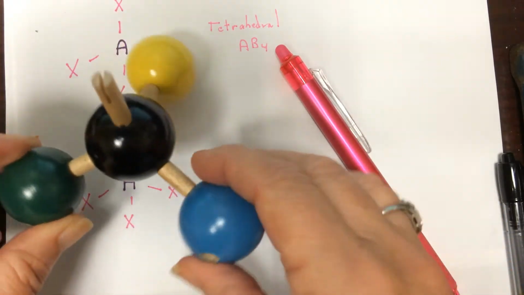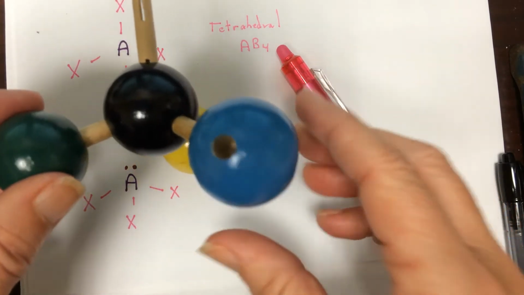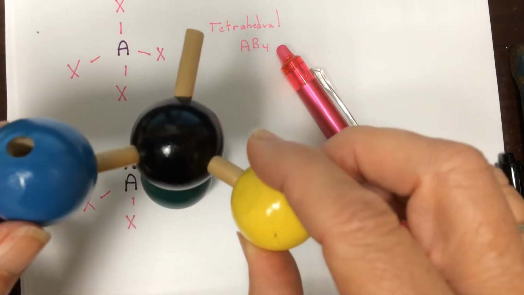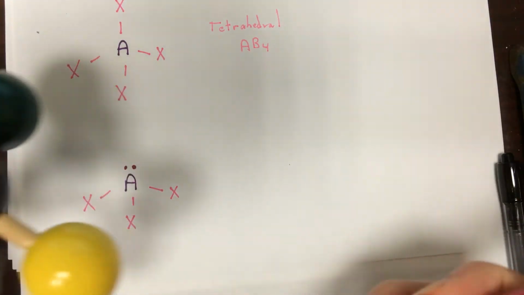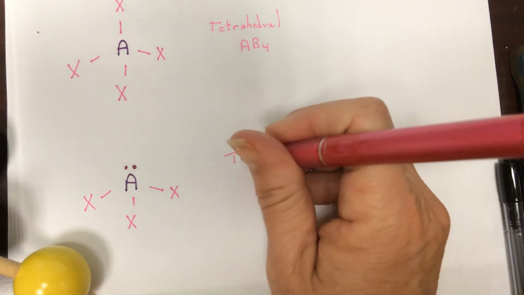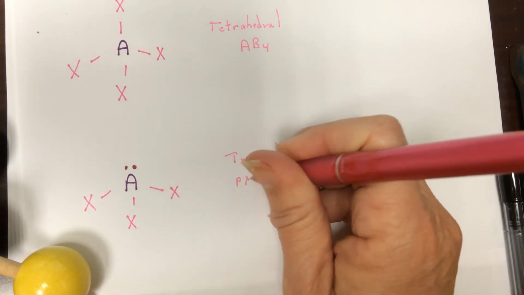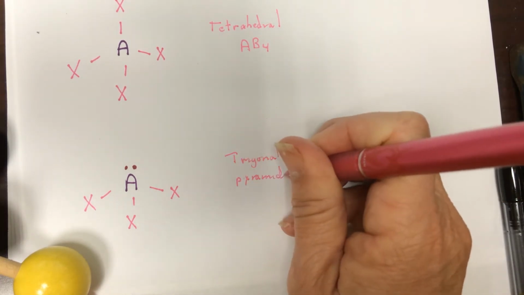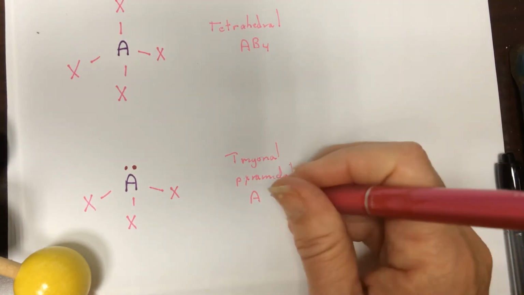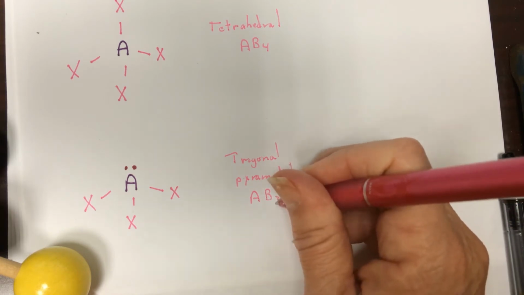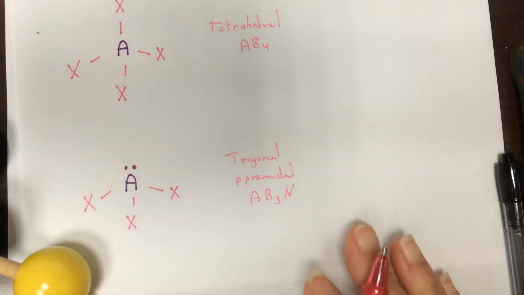You can see that the black one is not completely on the ground. So that's different from the trigonal planar one. Let's write that down. We would write this as a central atom with three atoms bonded to it, and one non-bonding lone pair.